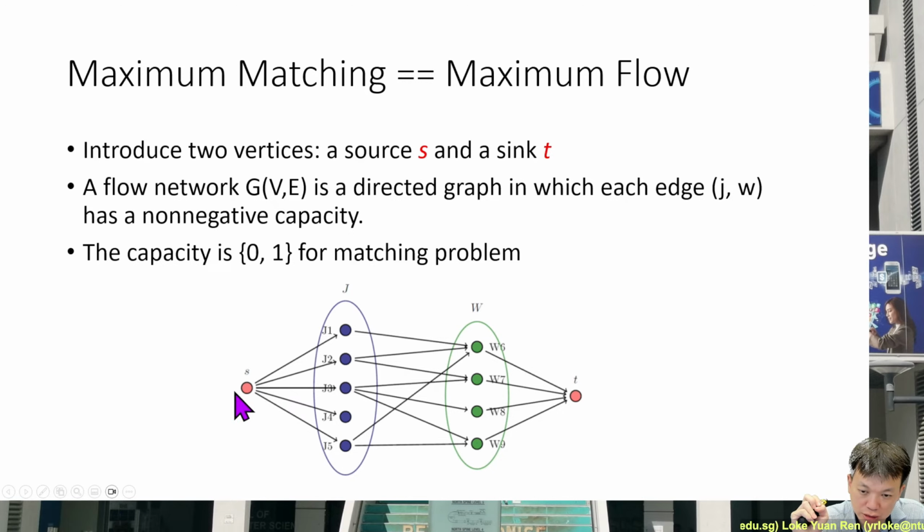The source S will connect to all the vertices J1 to J5 in the J subset. Then T is the sink, and all the vertices in W will be connected to T. That forms a flow. So my matching problem now is to find the maximum flow from S to T.